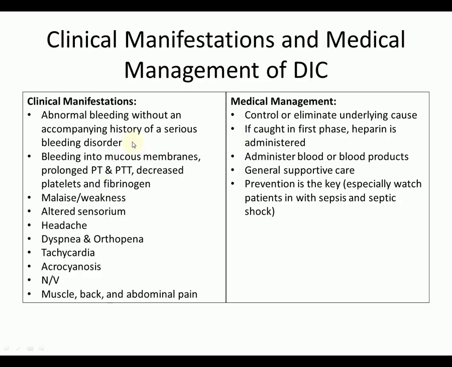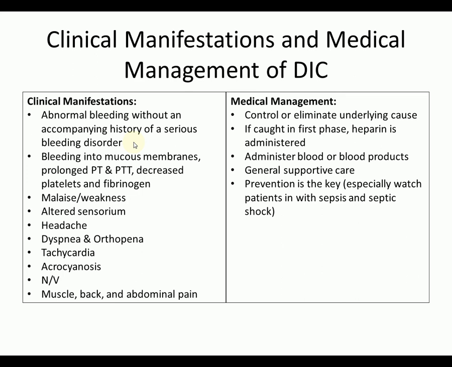Clinical manifestations are abnormal bleeding without an accompanying history of any serious bleeding disorders. Bleeding in mucous membranes, prolonged PTs and PTTs, decreased platelets and fibrinogen, malaise, weakness, nausea, vomiting, muscle, back, and abdominal pain, acrocyanosis, altered sensorium, headache, dyspnea, orthopnea.